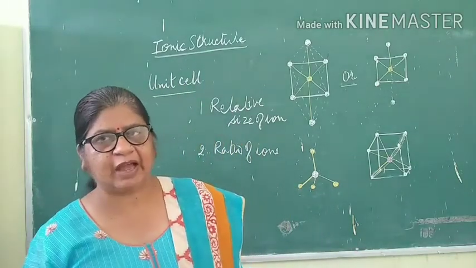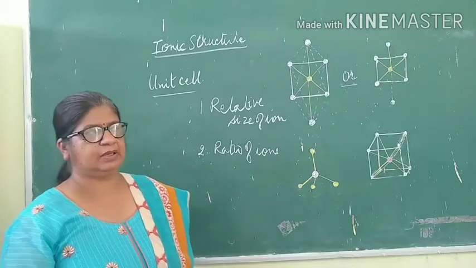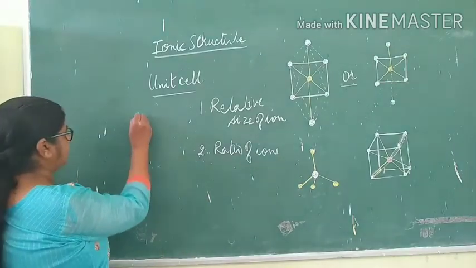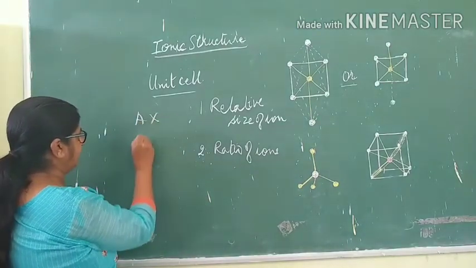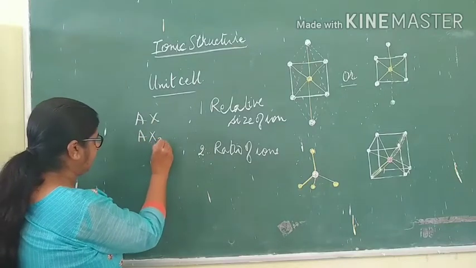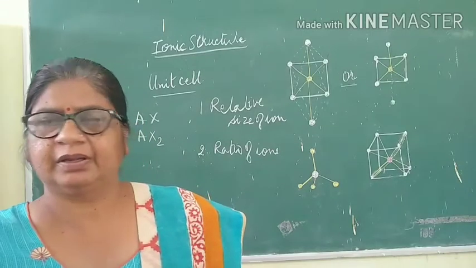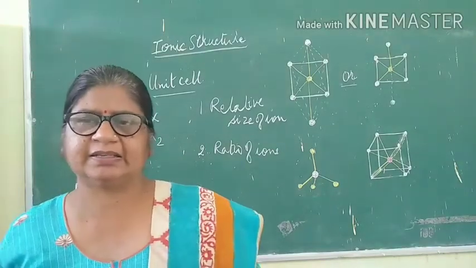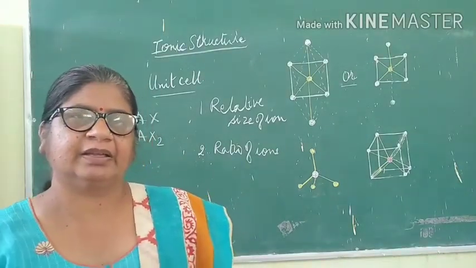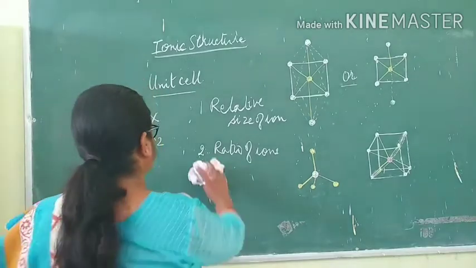Basically, we have two types of ionic crystal. One is the AX type and the other is the AX2 type. In AX type, both the ions have the same valency.